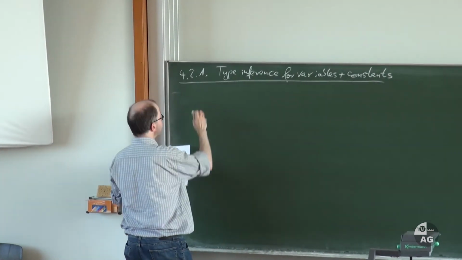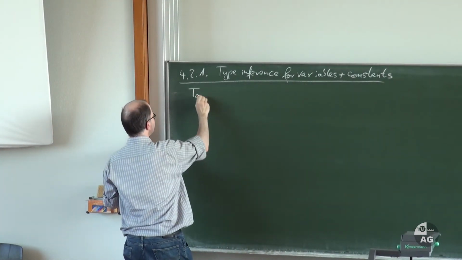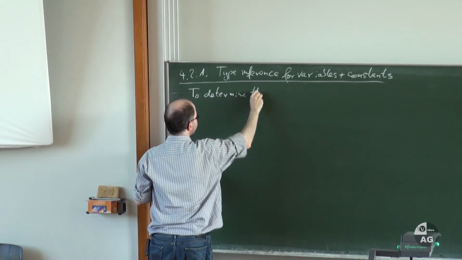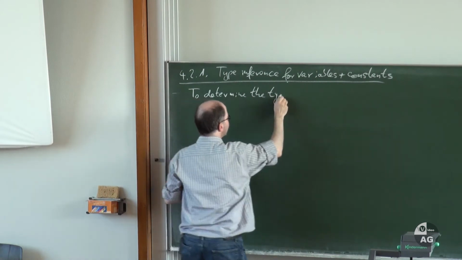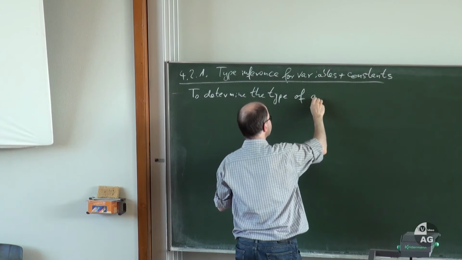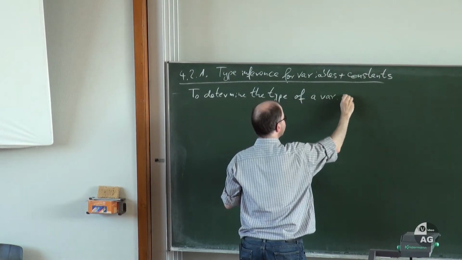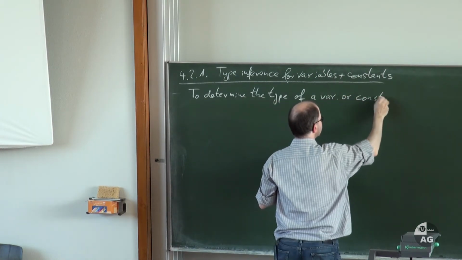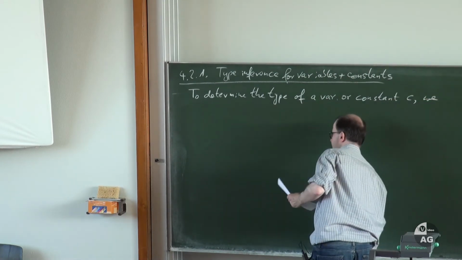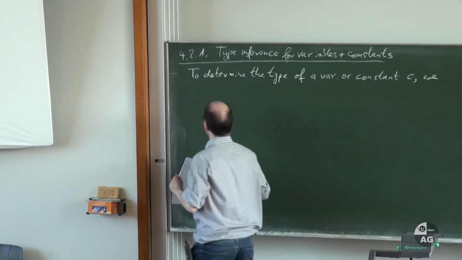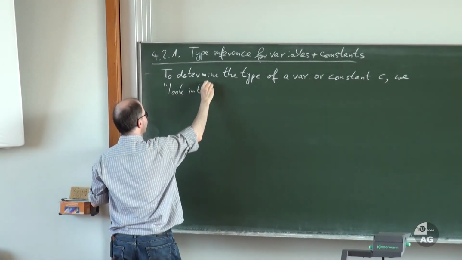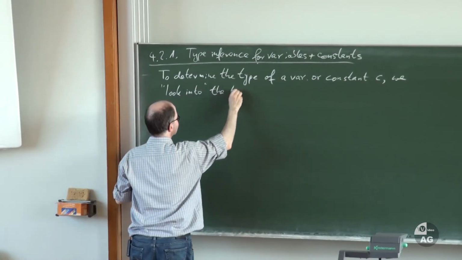So to determine the type of a variable or constant C, we look into the type assumption.